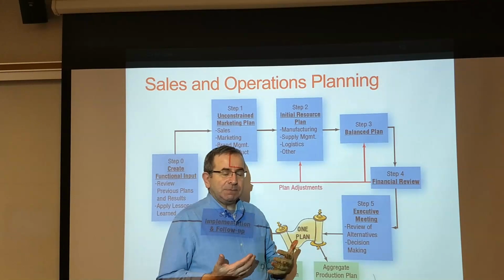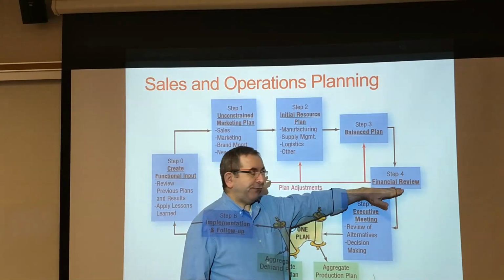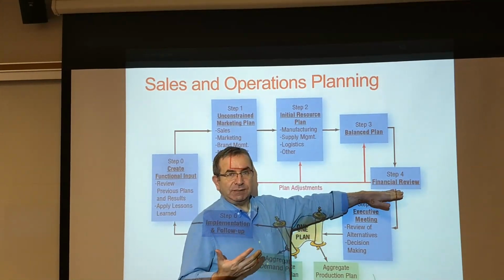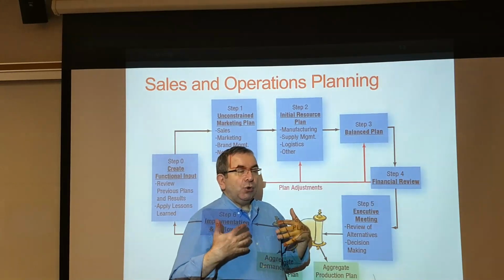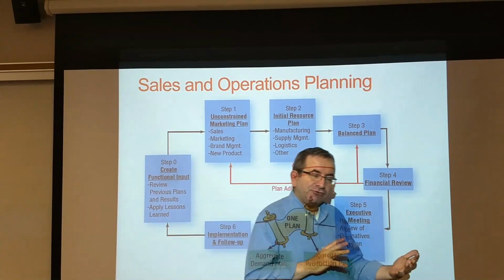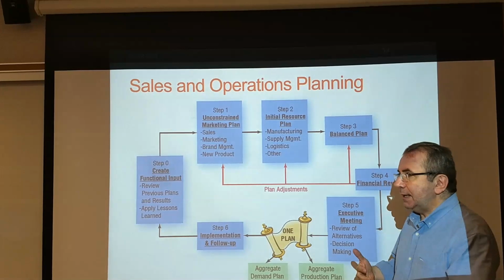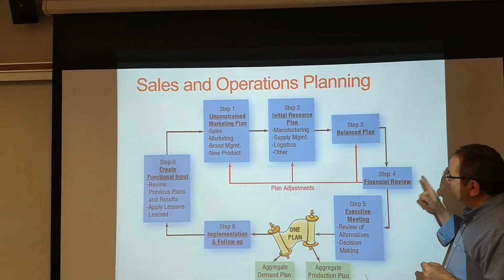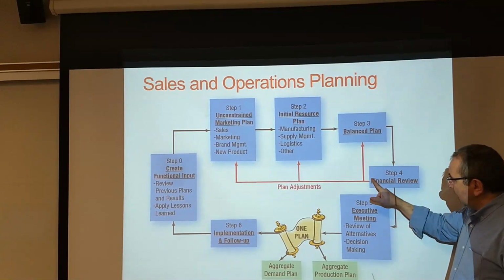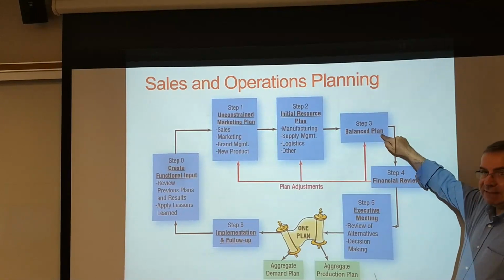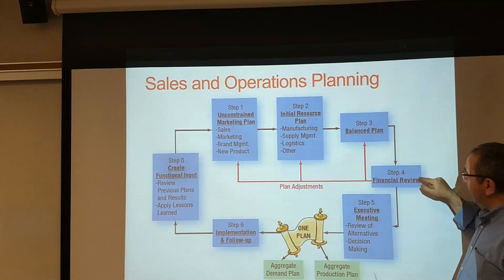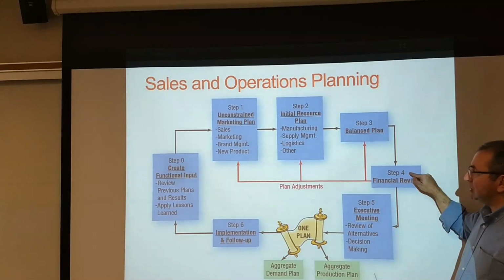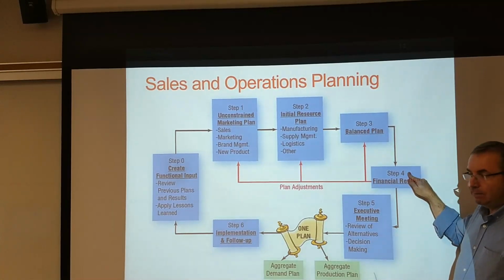Now, this balanced plan will have financial implications. Okay, so how is this going to affect our revenues, profits, customer loyalty, all these things? So the finance department reviews the balanced plan and identifies financial implications.